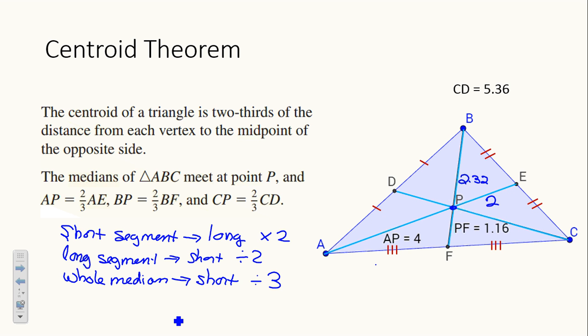And if you have the short segment and you want to get to the whole median, multiply by 3. So if this whole segment, CD, this whole median, is 5.36, what would I do to find out what DP is?